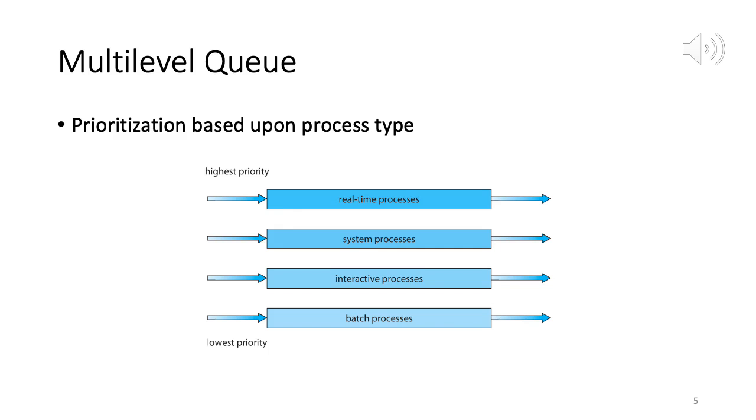So here I am on slide 5, multi-level queue, and as we were discussing in the previous slide, this prioritization can be based on process type. Highest priority could be for real-time processes, right? You have to meet the deadlines. Second highest priority could be for the system processes, or kernel processes.